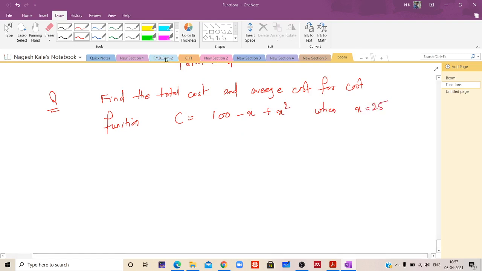So now here the cost function is given to you. Capital C is equal to 100 - x + x².